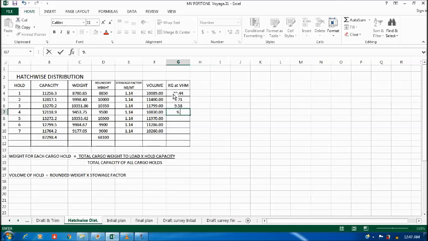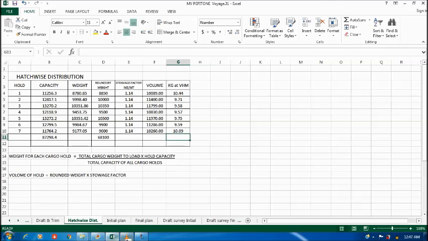Cargo hold number 4, 9.57 meters. 9.75 for cargo hold number 5. And 9.59 for cargo hold number 6. And 10.09 for cargo hold number 7. So how do we get this KG at VHM?